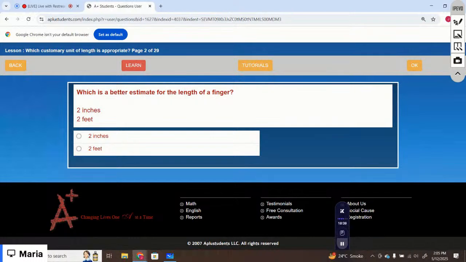Which is a better estimate for the length of a finger? 2 inches, 2 feet. So which is the correct option? It would be 2 inches because 2 feet is too long for the finger.